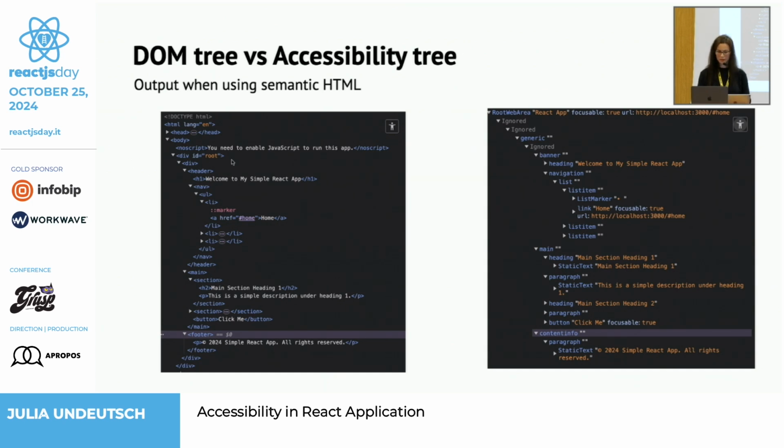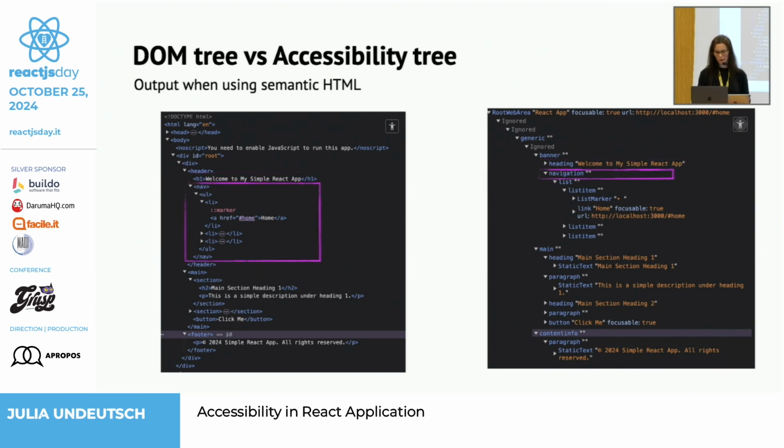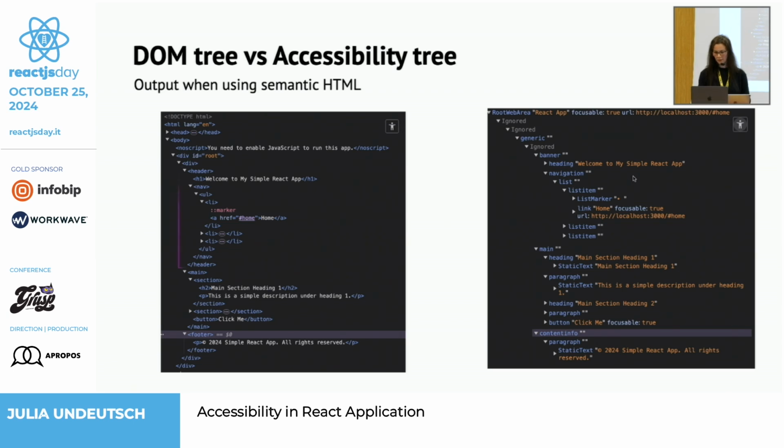Like in this case, when we create a header, the accessibility tree renders it as a banner, and the screen reader user will also hear that now the screen reader user is inside a banner element. And for the H1, for example, that this is a heading. This is the most important heading of the whole page to understand what's going on this page. And this is with all the other elements as well, the navigation and the list elements.